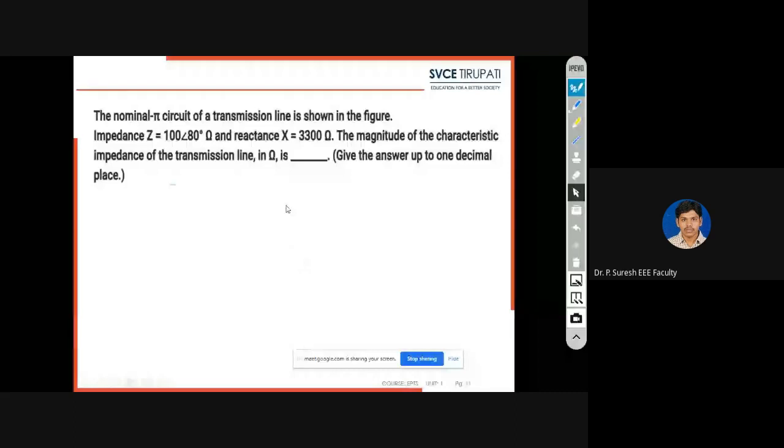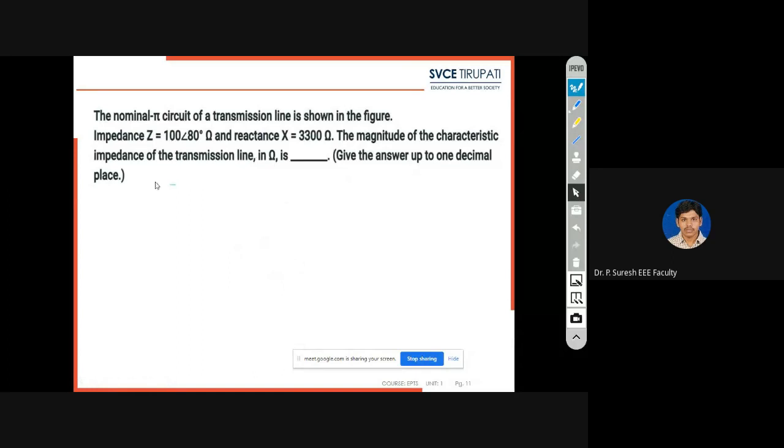So these are another type of problem. Tomorrow's class, I will discuss the mechanical design of transmission line. That means sag tension calculations, designing of insulators, and we will discuss underground cables. So these are all the topics included in the transmission line system.